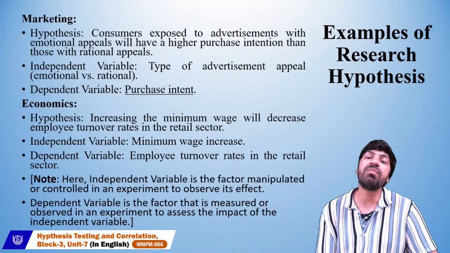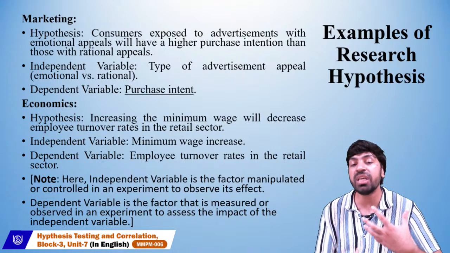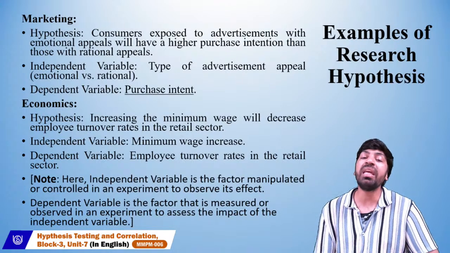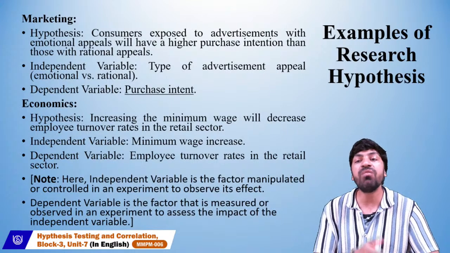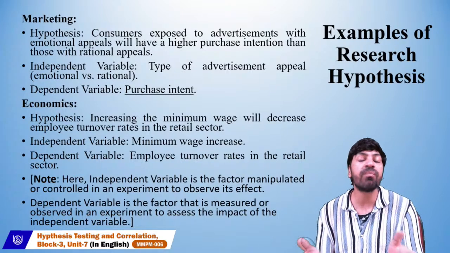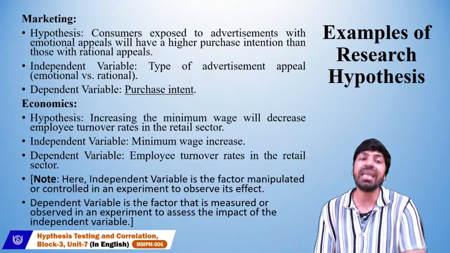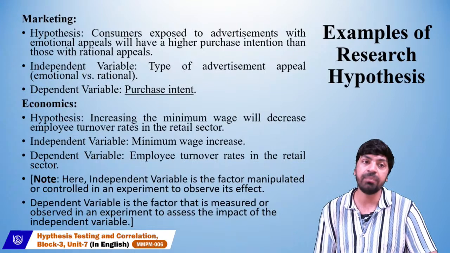So the dependent variable is purchase intention, and how much it could be increased or decreased by looking at the advertisement with emotional appeals. You have to mention this while making up research statements in the marketing discipline or area.